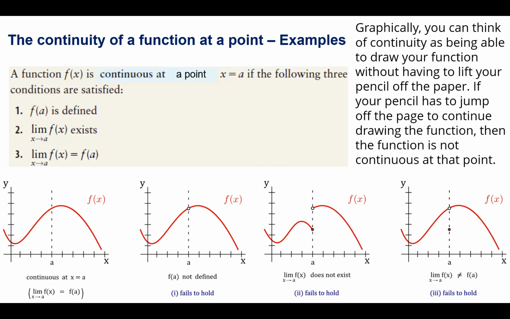However, the third condition is not met, because the limit of f(x) when x approaches a is here. However, the value of f(x) when x equals a is here. These two values are not equal. Therefore, we say this function is not continuous at x equals a. You understand?